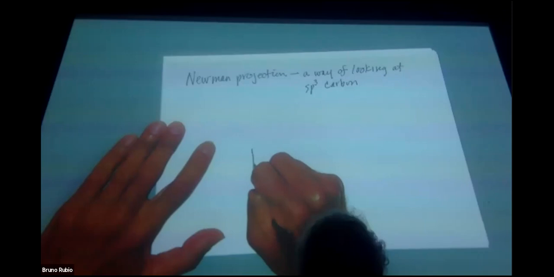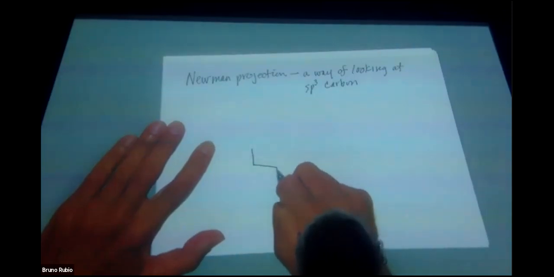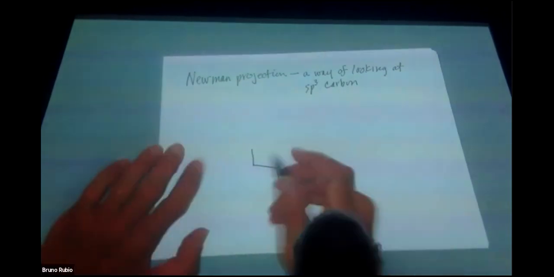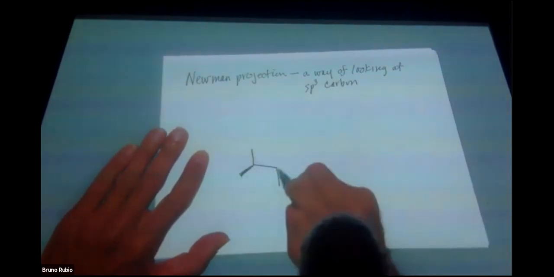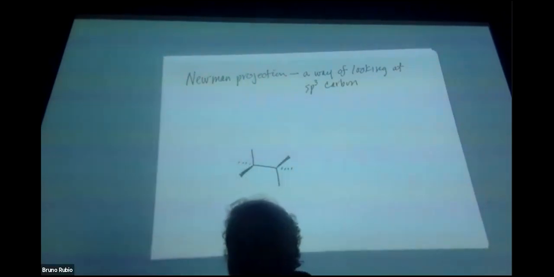Whenever we draw sp3 hybridized carbon, we always draw two solid lines representing bonds in the plane of the paper, and a dash and a wedge. The wedges represent bonds that are pointing toward you, and the dashes represent bonds that are pointing away from you.